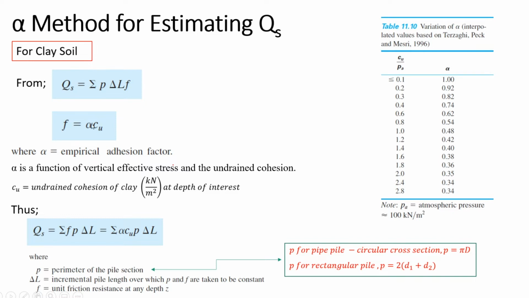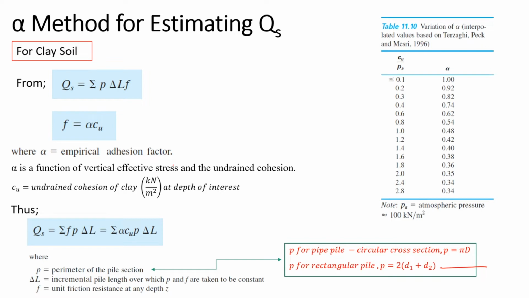Thus, if we substitute f with alpha Cu, we will have this equation, where Qs is equivalent to alpha Cu times the perimeter times delta L. The perimeter of the pile section depends on the shape or size of the pile. If we have a circular cross section, for example a pipe pile, then P is equivalent to pi D. But if you have a rectangular pile, then P is 2 times D1 plus D2, where D1 and D2 are the sides of the rectangle.